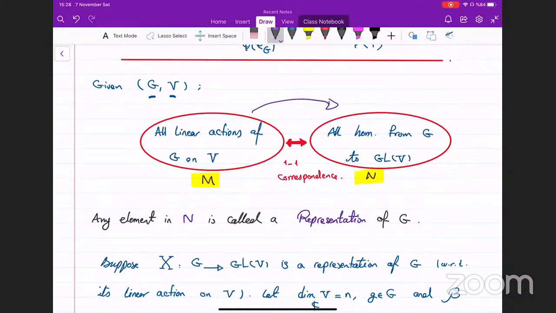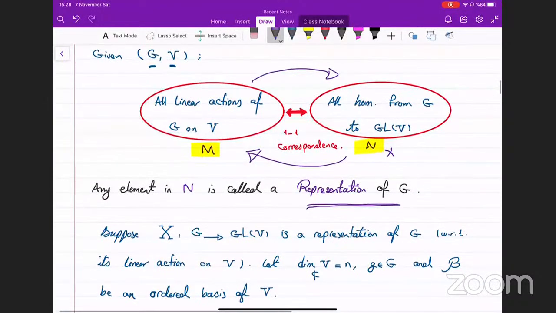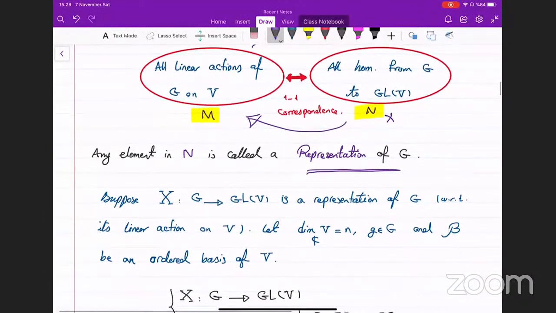Starting from a homomorphism of G to GL(V), you can write a linear action of G on V. Any element of this set, which I denoted by N, meaning any homomorphism from G to GL(V), is called a representation of G. If you are not familiar with representations of a group, this is the easiest way to explain them.